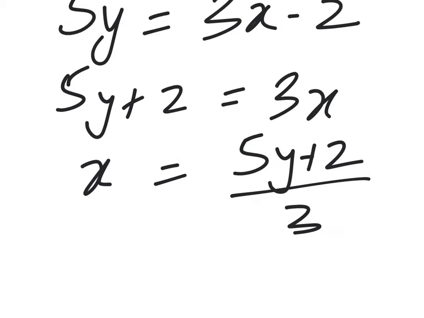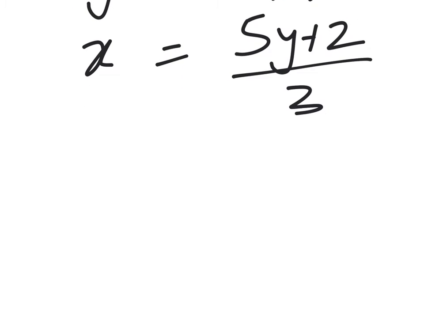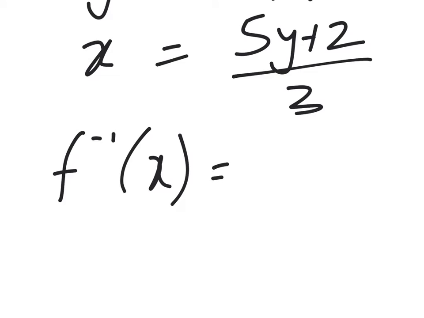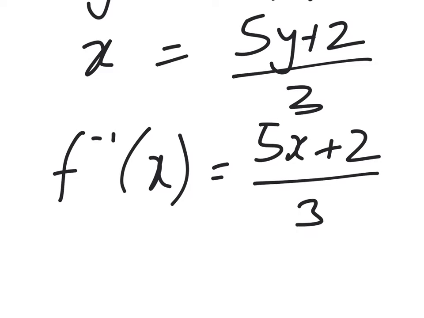And that's it. So what I've done is I found the inverse function of f of x, so I'm going to say it's f inverse of x, and I just switch the letters: (5x plus 2) over 3. Okay, that's basically how task 1 works.